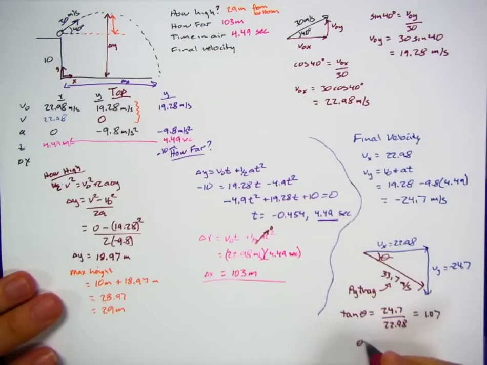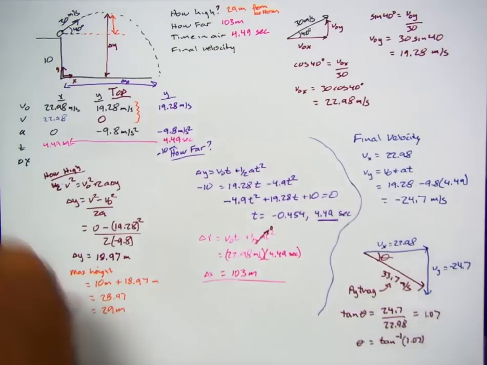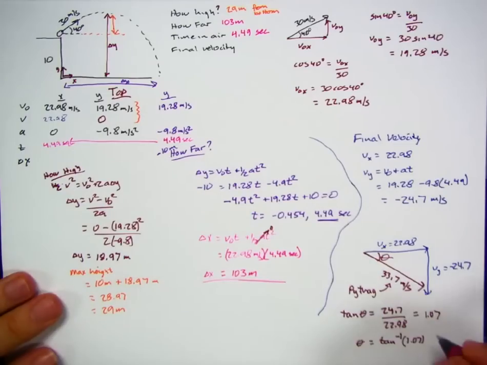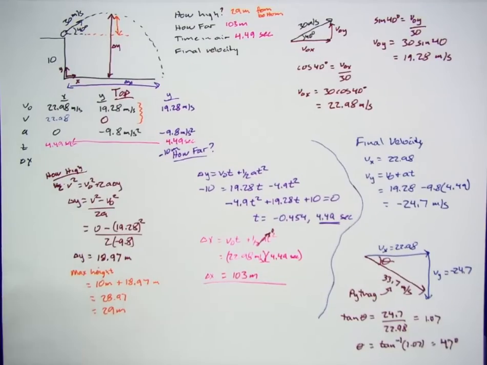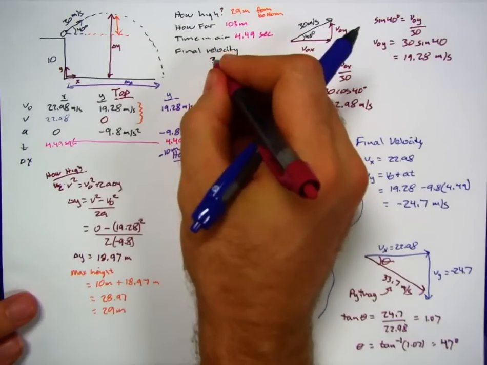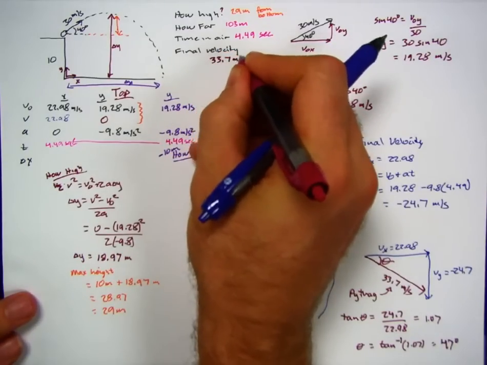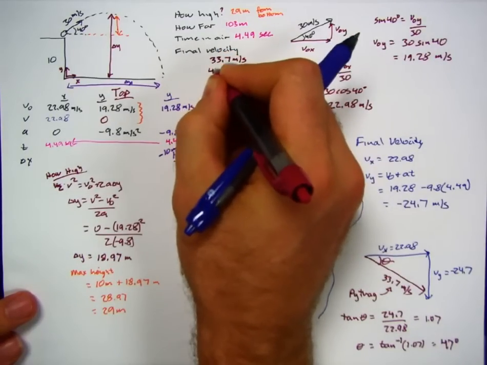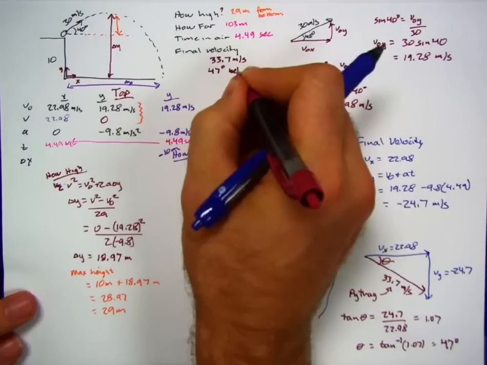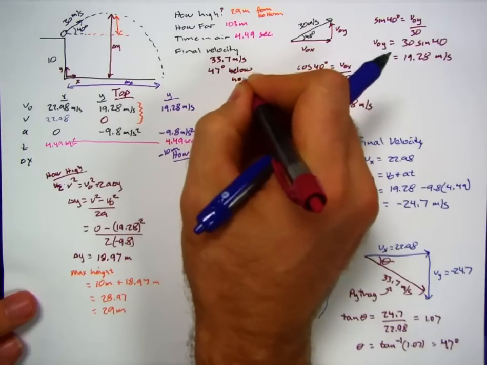So theta is the inverse tangent of 1.07, or 47 degrees. So we could say up here, my final velocity is 33.7 meters per second, 47 degrees below the horizontal.